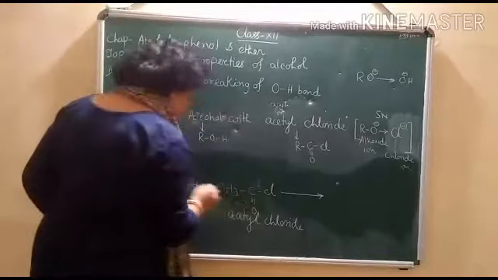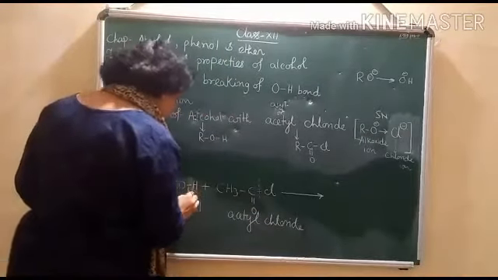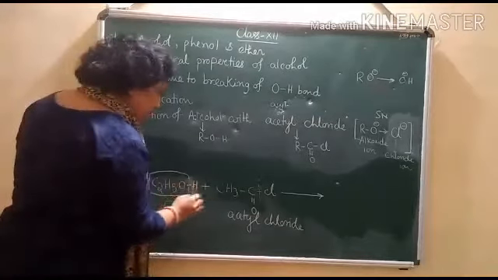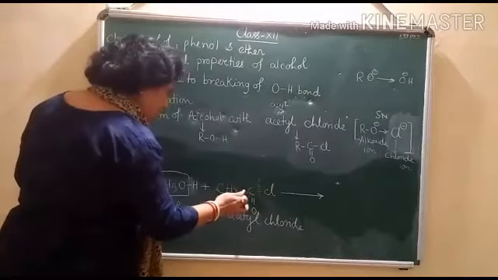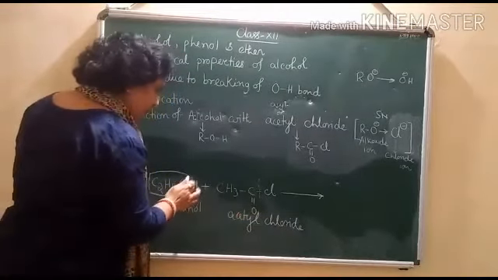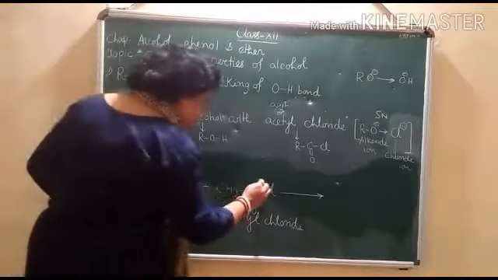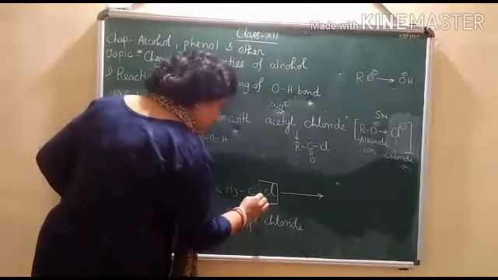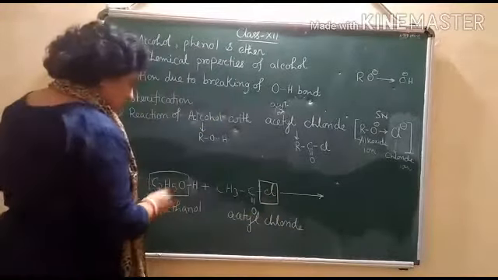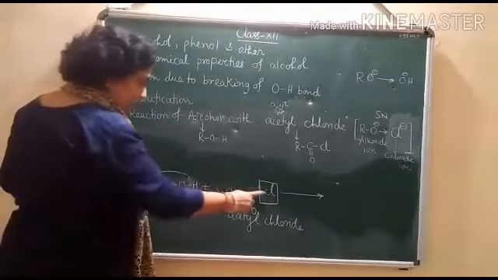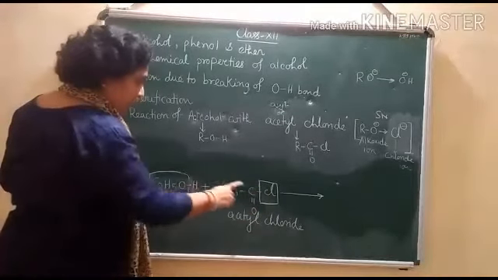The exchange will be between the alkoxide ion, this one, exchanging with this, meaning this product will come here and H will join here. So do the exchange. Cl will come here, this one will go there.